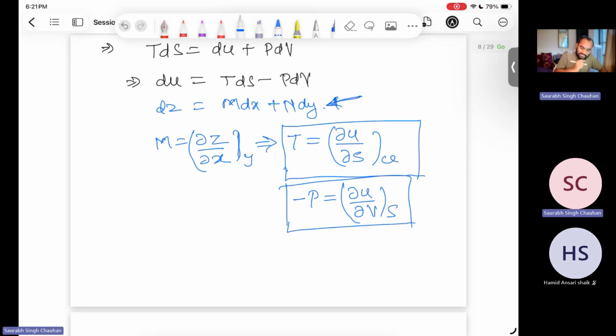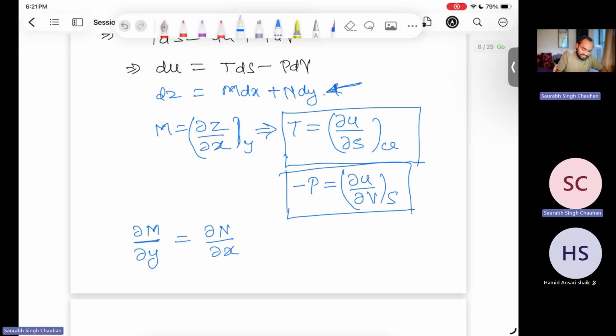Okay. Now, we have not used the condition for exactness yet. The condition for exactness was partial derivative of m with respect to the second variable should be equal to partial derivative of the second part with respect to the first variable. This was the exactness condition.